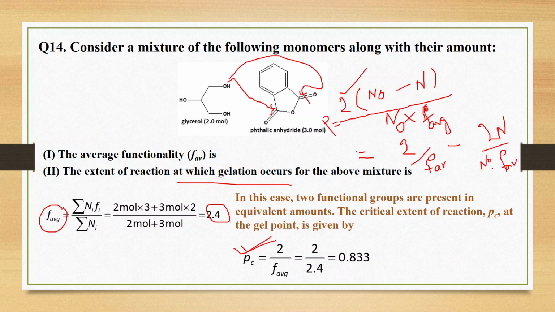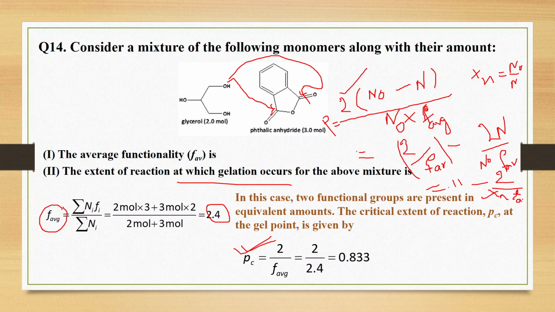Now n by n0, you already know that xn, or degree of polymerization, is n0 by n. Now in this case it is n by n0, so this term will remain the same, and the next part will be 2 divided by xn into f average. Sorry for my handwriting again.